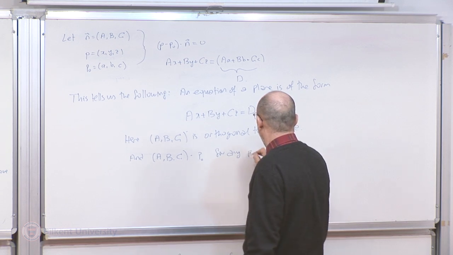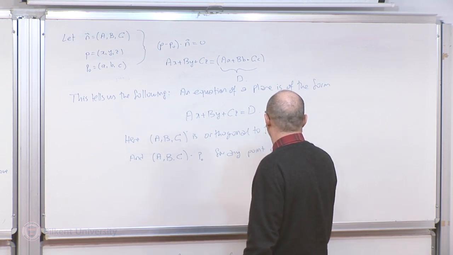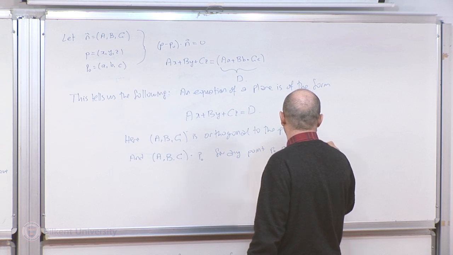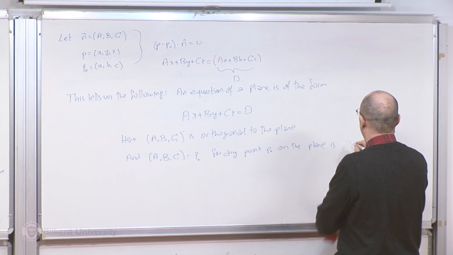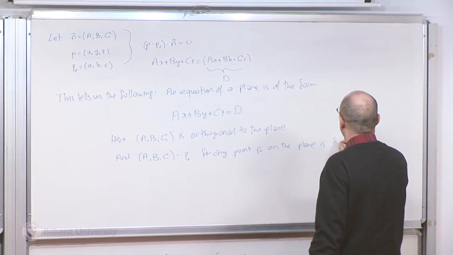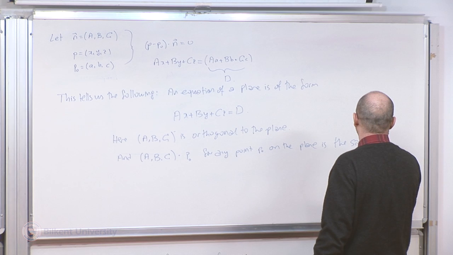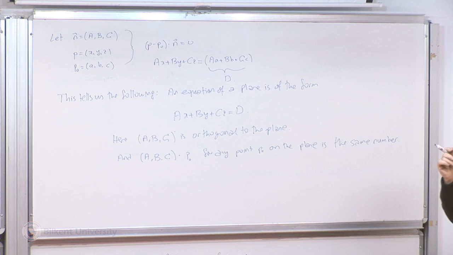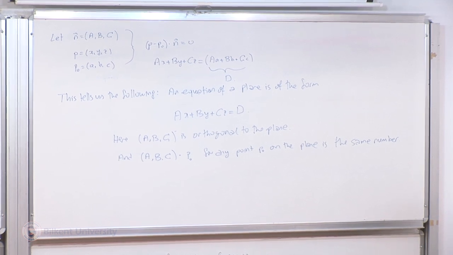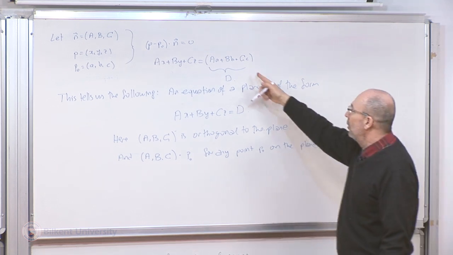For any point P sub 0 on the plane, it is a fixed number, the same number, to make it sound more spectacular. Once you know the normal to the plane, and you take the dot product of that normal with any point on the plane, you will always get the same number. That's what this tells us.